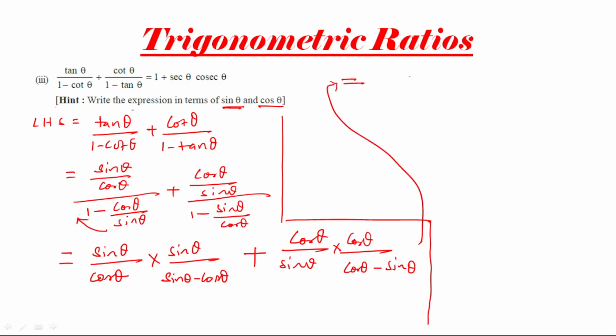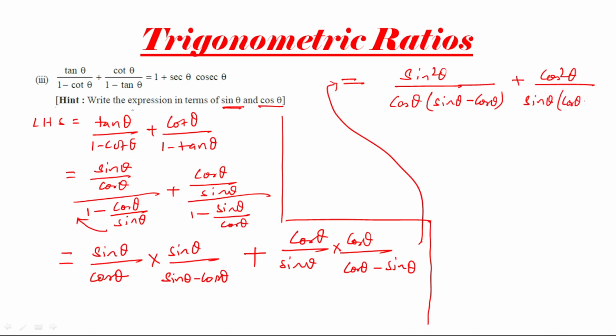It has become sin square theta divided by cos theta into sin theta minus cos theta, plus cos square theta divided by sin theta and cos theta minus sin theta.